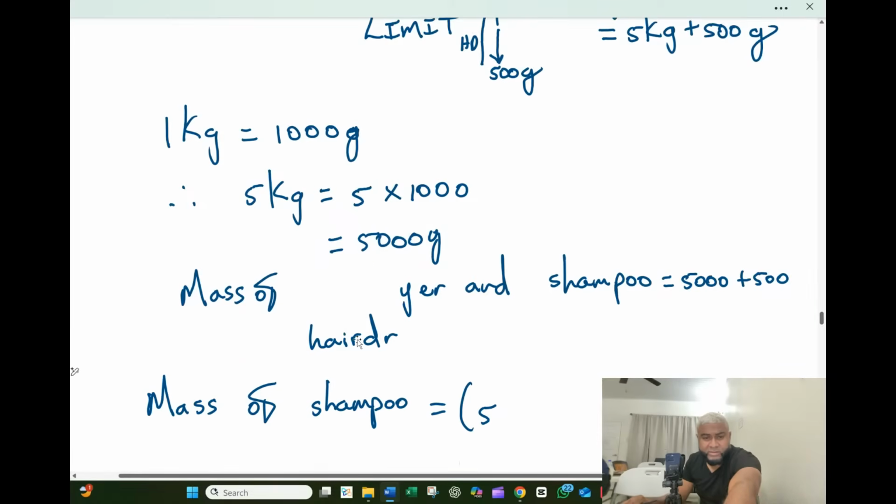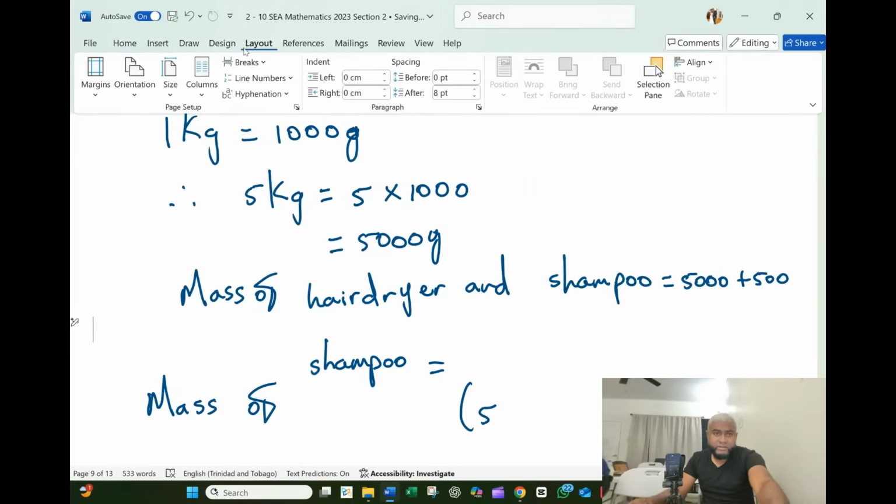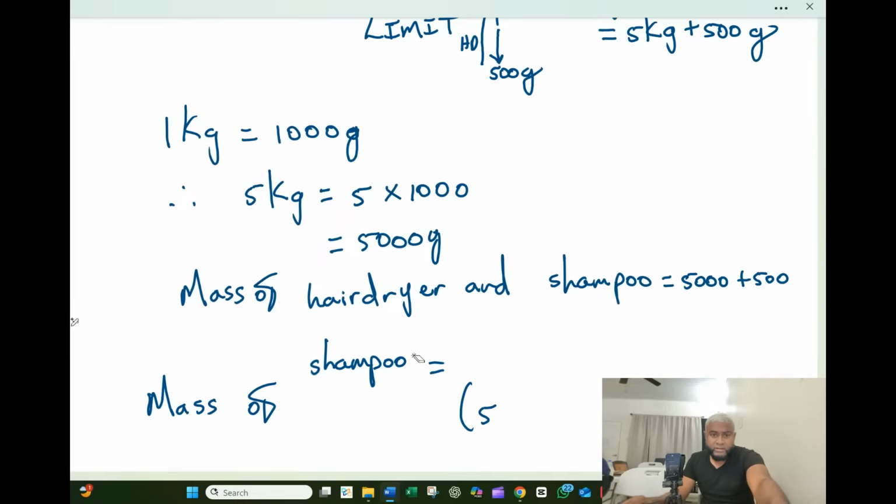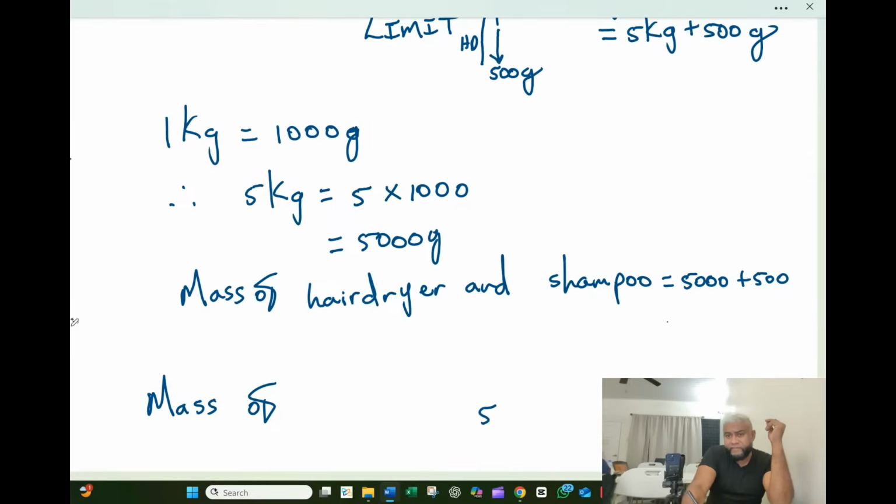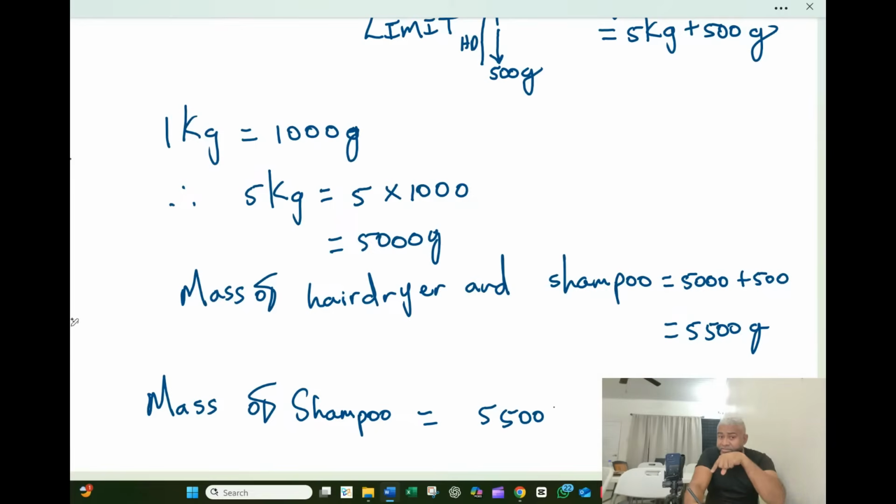That's all what you coming down here for. So it would be 5,500 grams, right? So the mass of the shampoo would be equal to 5,500 grams, right?